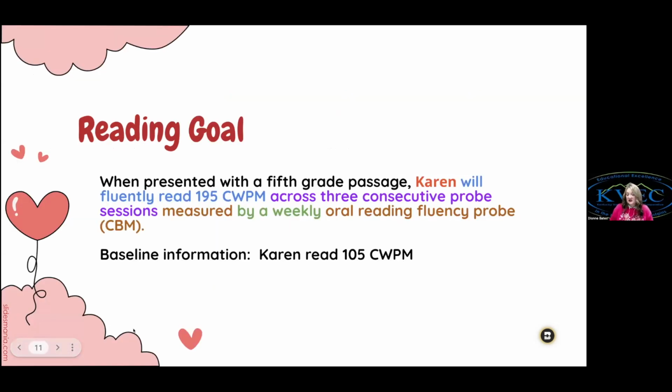So we're going to practice one right now. We're just going to work through a reading goal. I'm going to give you just a second and I want you to read this goal. And the CWPM is the correct words per minute.